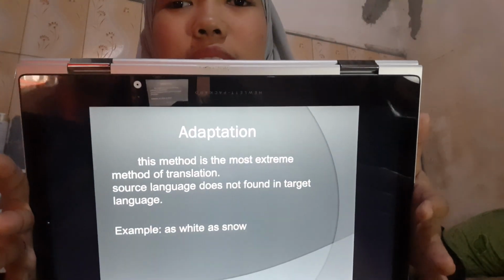And then the last is the adaptation method. This method is the most extreme method because the source language cannot be found in the target language. For example, I put here as white as snow.